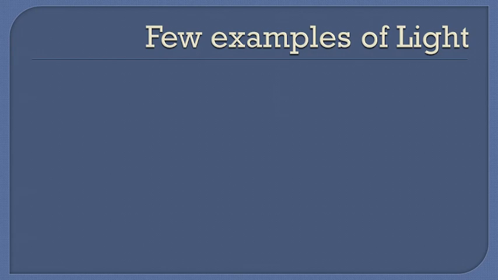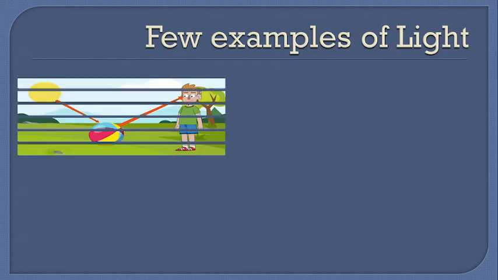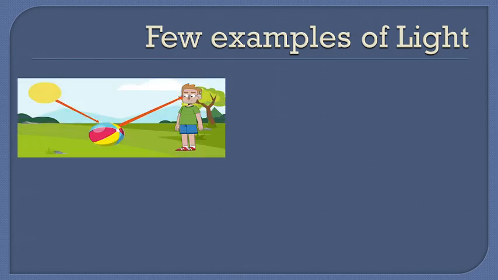Let us see some of the examples of light. In the first image you can see that the sunlight falling on the ball strikes the ball first, then is reflected back into the boy's eyes.